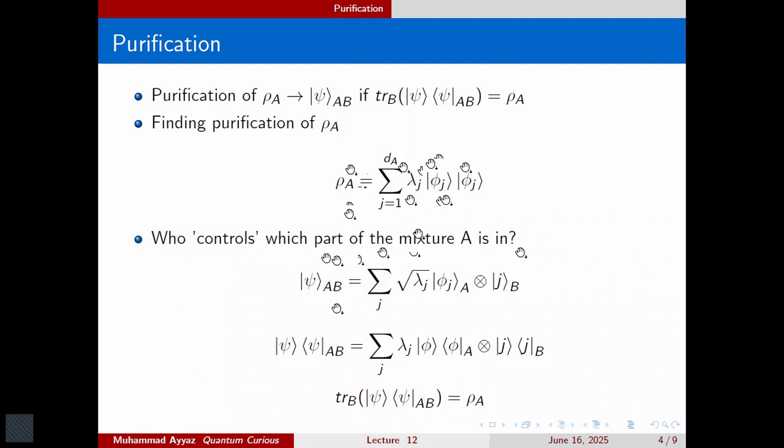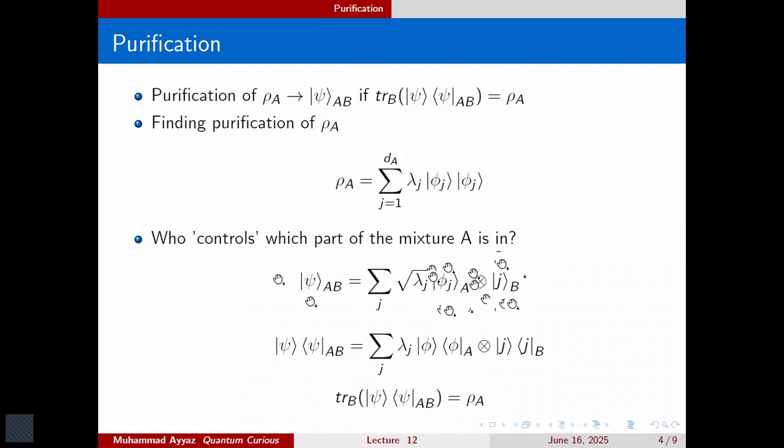So we can build another state rho AB, and that is the larger state. And here we have phi j, the orthonormal states of subsystem A, and we have some orthonormal states of B, in the form of the standard basis.